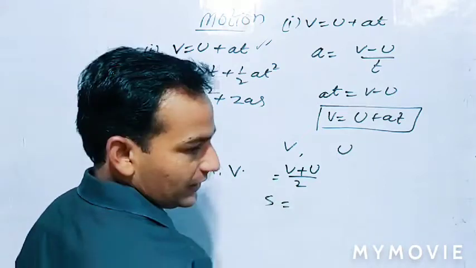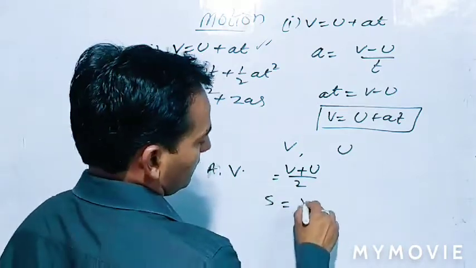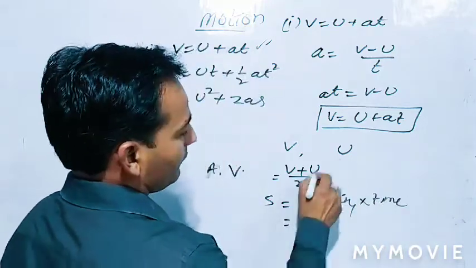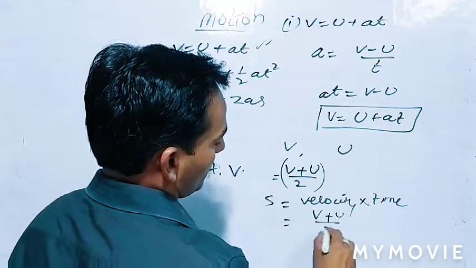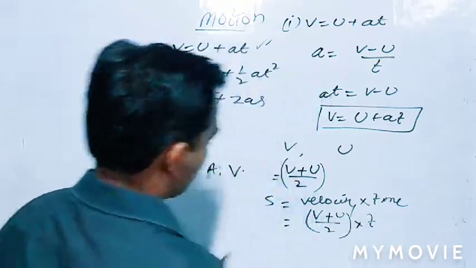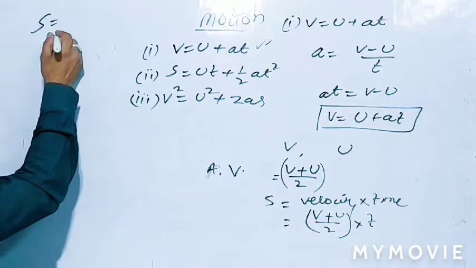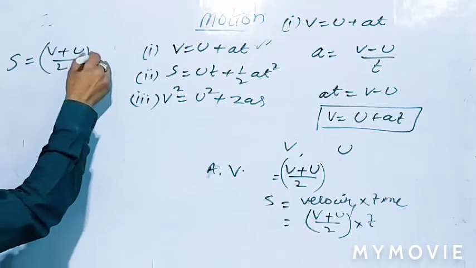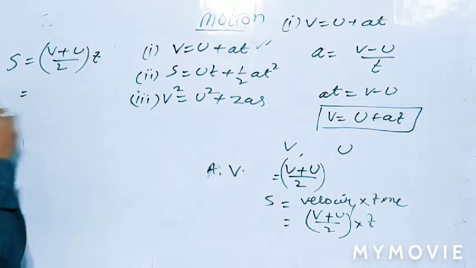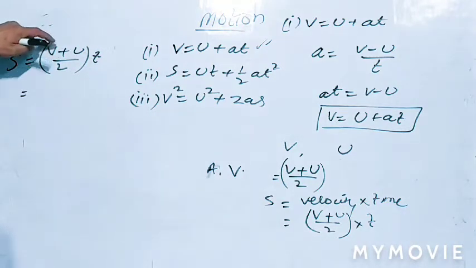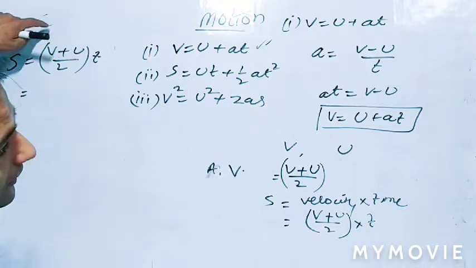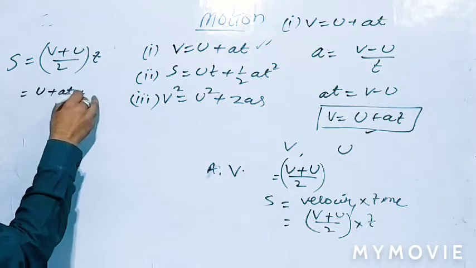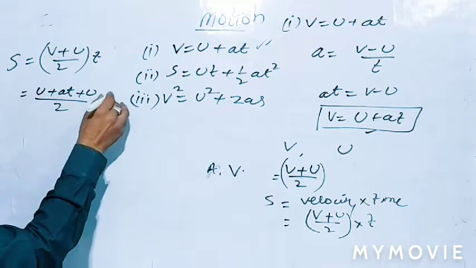So displacement will be velocity into time. We have average velocity v plus u upon 2, and time will be t. So now s is equal to v plus u upon 2 into time. Okay. So in place of v, we can write u plus at, plus u upon 2 into t.